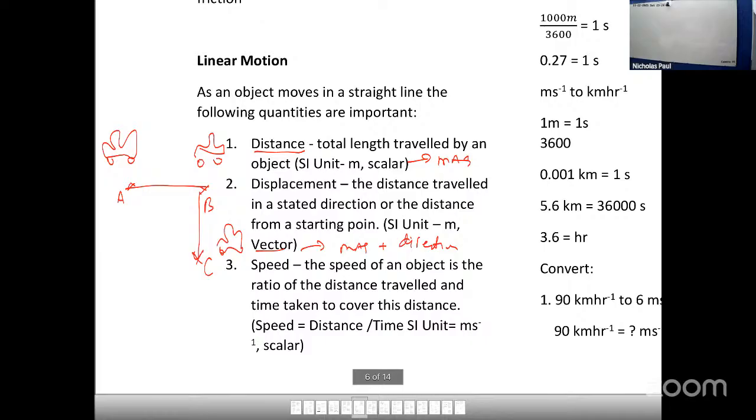But the total displacement will be the distance from where you start to where you finish. So that's AC.